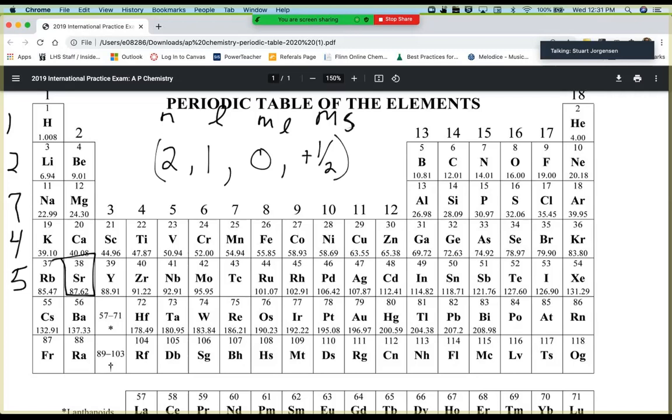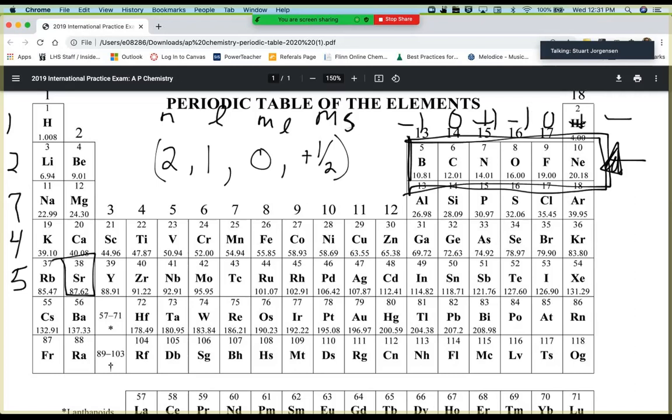All right, energy level 2, so 1, 2, second energy level. L is our second shape, so that's the peanuts, meaning I'm somewhere over here. I'm 0, so I've got -1, 0, +1, -1, 0, +1.